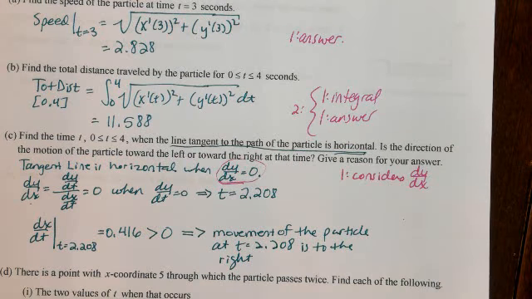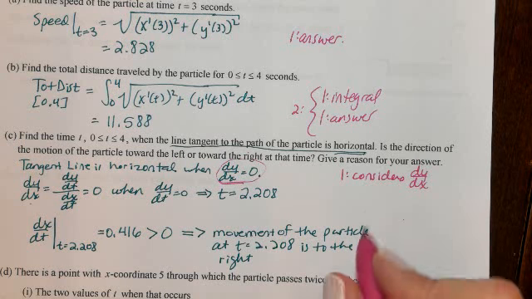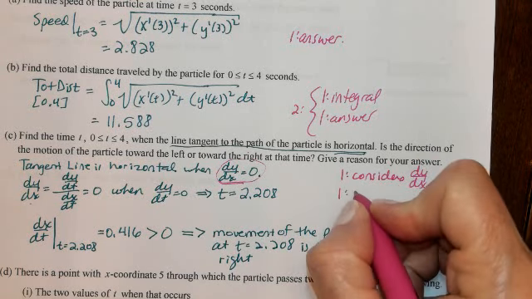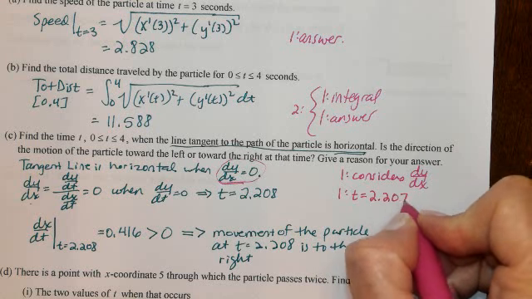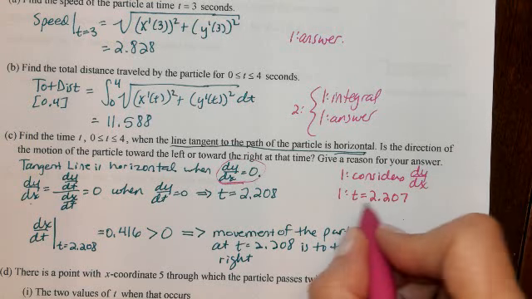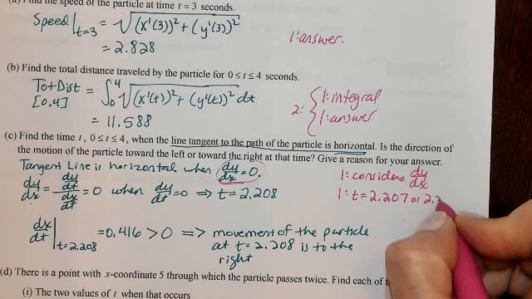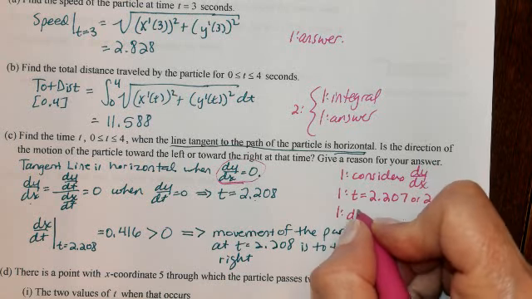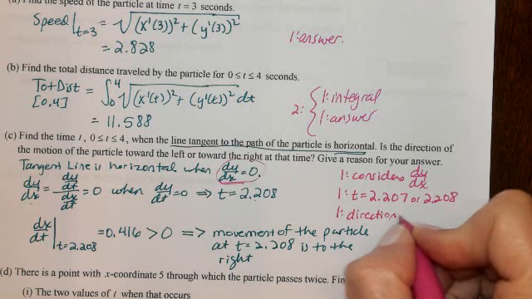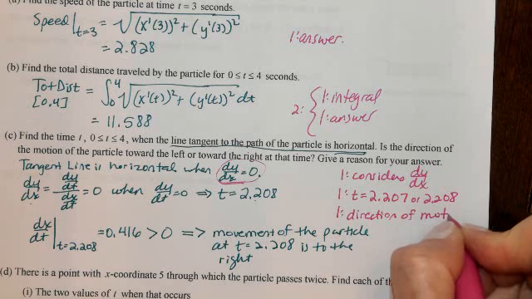You're communicating that you know the process, not just the answer. Act like you're explaining it to somebody who doesn't know a whole lot about this. 1 point was given for that time, and then 1 point was given for the direction of motion with the reason.